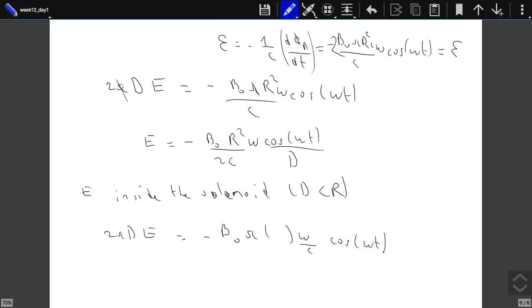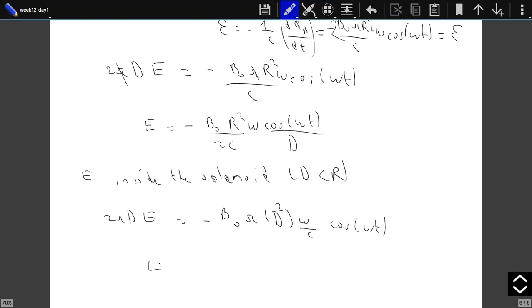Now this time we will actually use the D squared, because inside the solenoid all of my loop is within a B field. So that's why the area of my loop is pi d squared. I use all the area. In the first case, some part of the area of my loop wasn't in a B field, so I only took the part that is in a B field, and that was constant. The area that was subject to a B field was constant if I am outside the solenoid.